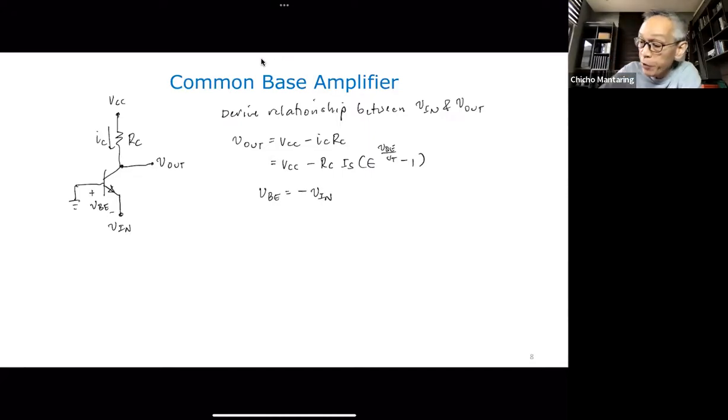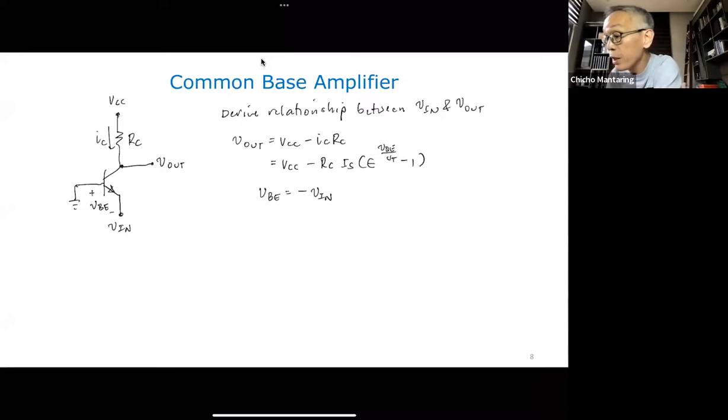If you do a KVL from this point to this point, you get 0 minus VBE minus VIN is equal to 0, or VBE is equal to minus VIN.